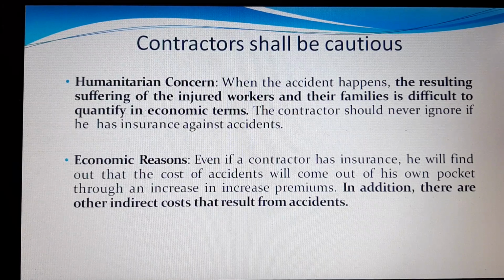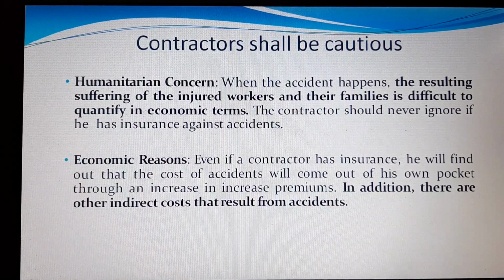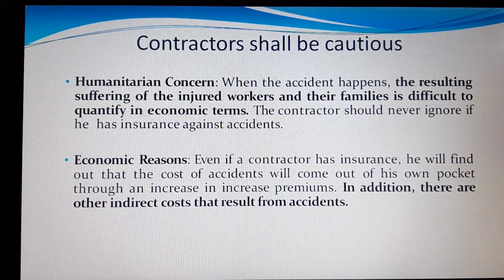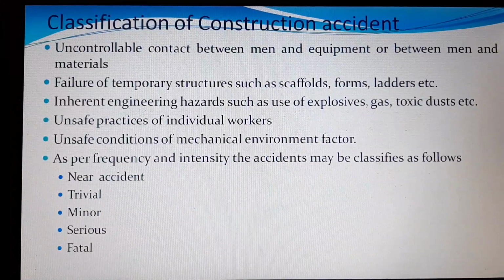So a contractor cannot ignore this even if he has insurance against accidents. The economic reasons are that during an accident, the entire cost is incurred by the contractor himself, and when he claims insurance, there is an additional increase in the premiums. Apart from all this, we also have indirect costs resulting from accidents.